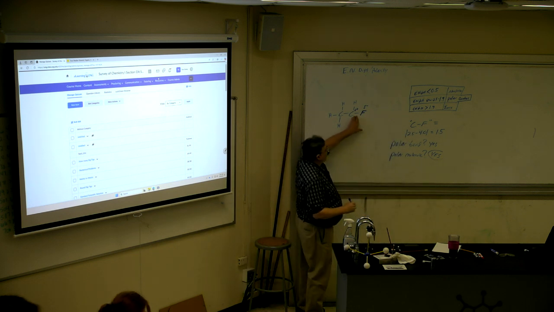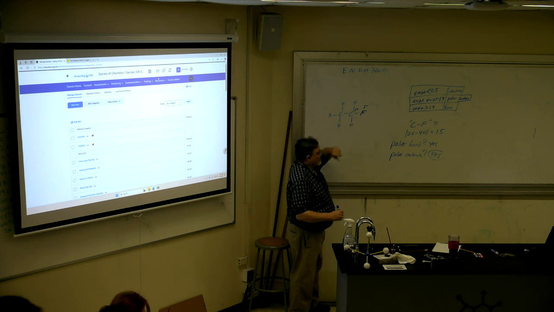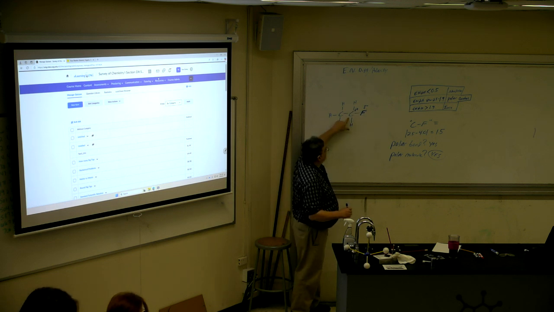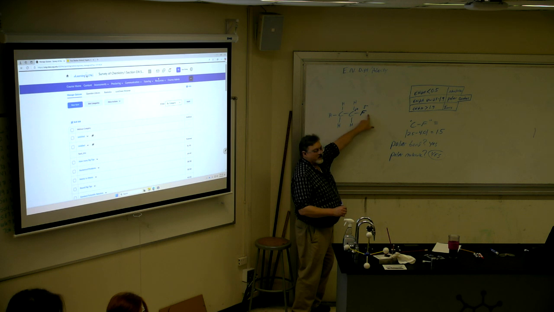So because there's a polar bond there, that makes this molecule polar. Saying that the molecule is polar, we're really referring to the fact that these molecules will be attracted to each other rather strongly. This negative will be attracted to the positive in another one of these molecules, and the positive of this molecule will be attracted to another negative of this molecule.